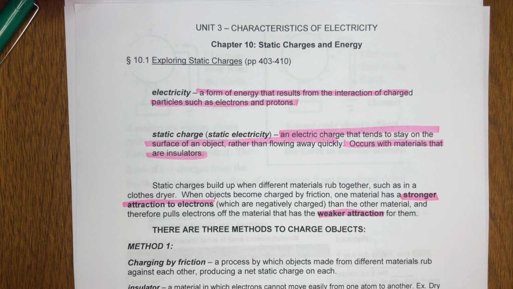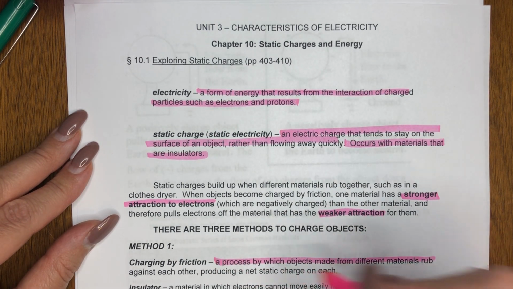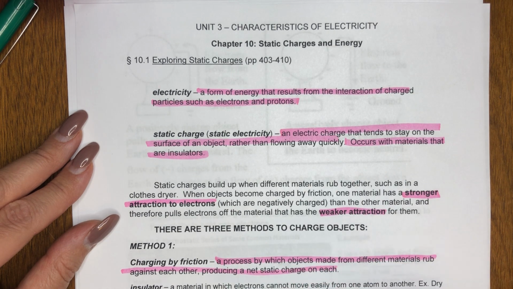So we will look at three methods of charging objects. The first method is charging by friction. And this is a process by which objects made from different materials rub against each other, producing a net static electric charge on each. An insulator is a material in which electrons cannot move easily from atom to atom.